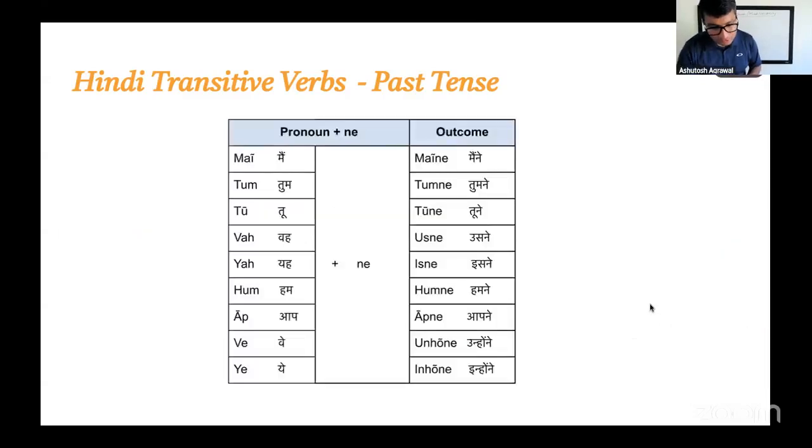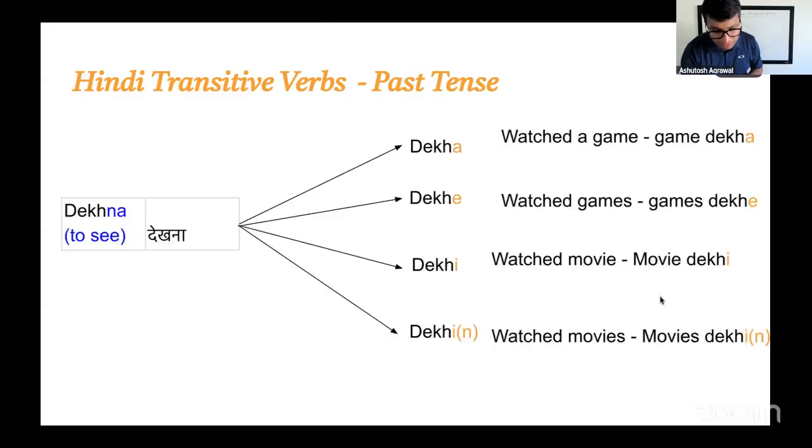So before I go further in discussing verb conjugation practice, the first rule you should remember is that for transitive verbs used in the past tense, the verb conjugation happens based on the gender of the object, what is being acted upon. That's rule number one.